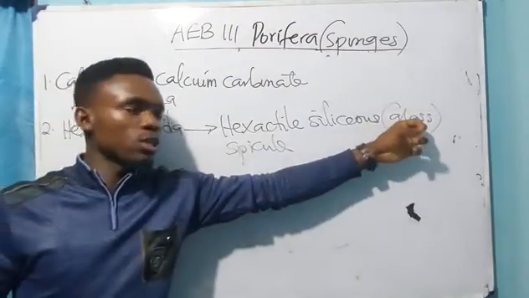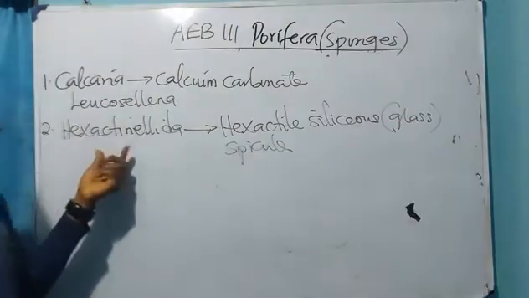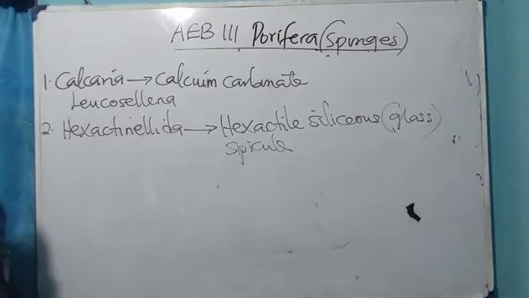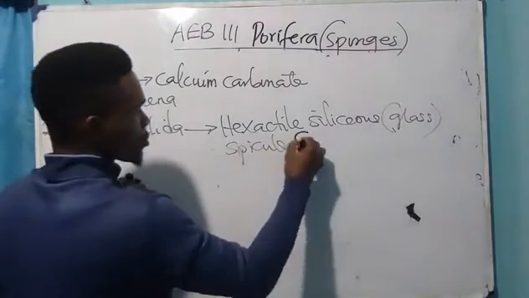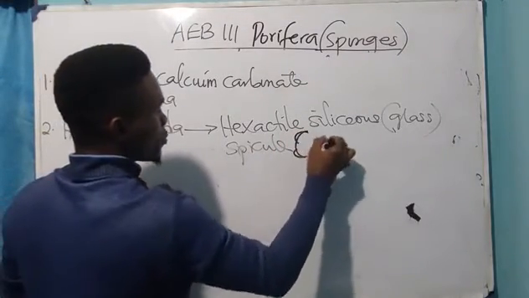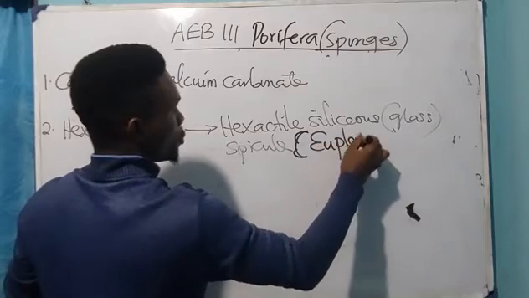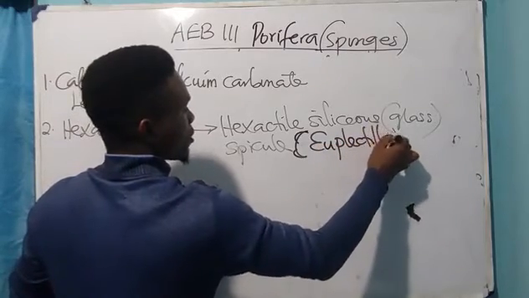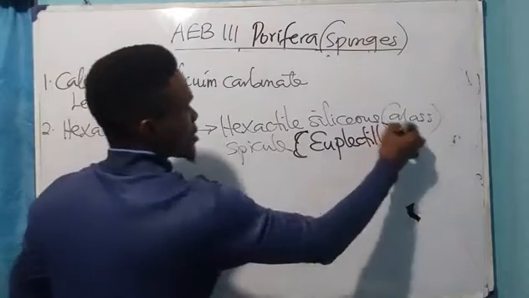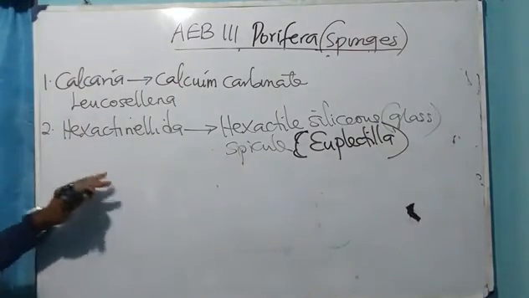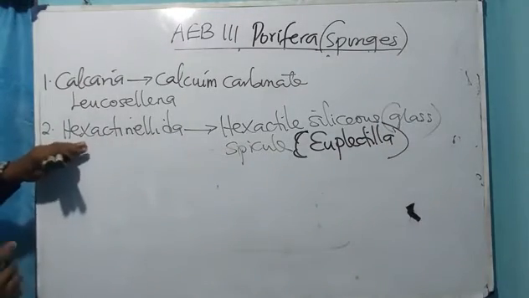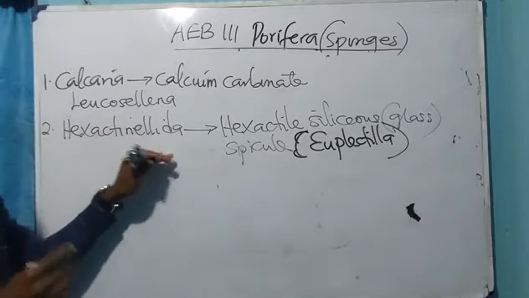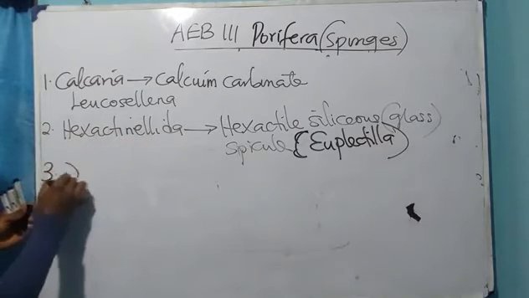Siliceous is from glass. A good example is Euplectella. Euplectella is an example of a sponge that is under the class Hexactinellida. Take note of that.